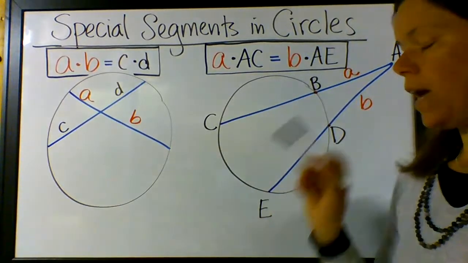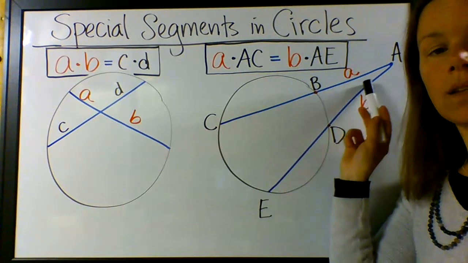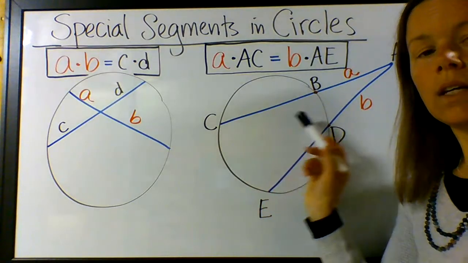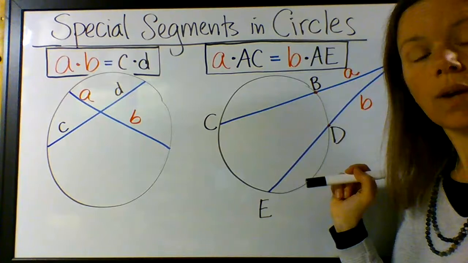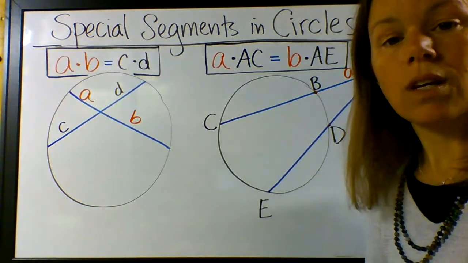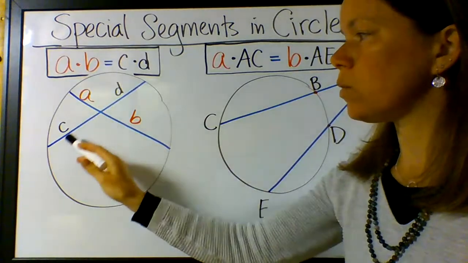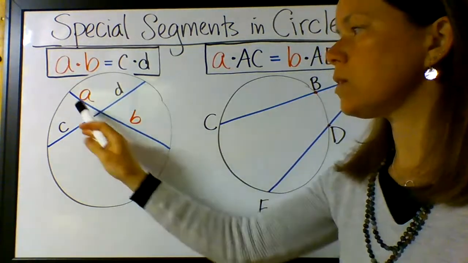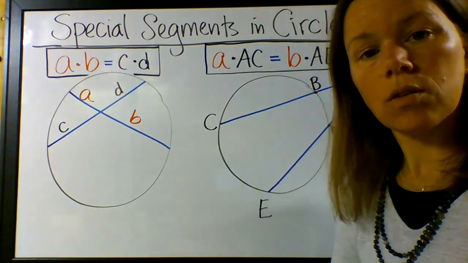Okay? If AE were a tangent, then it would be A times the whole secant equals the tangent times itself, the tangent squared. And that is one of the examples. So here we've got the two parts of the chord times each other equal the two parts of the other chord times each other.